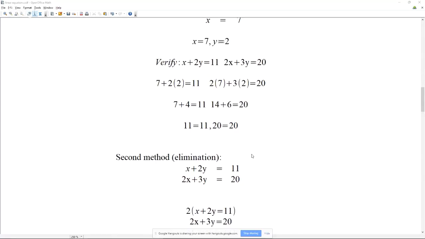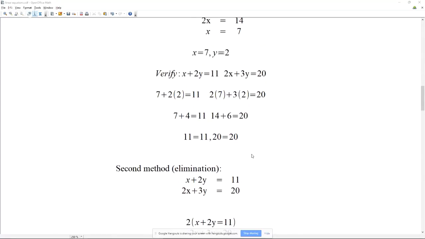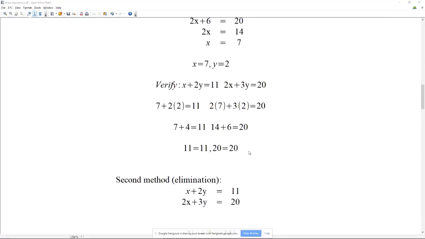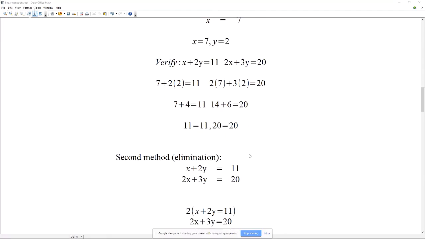So we're going to move into the elimination method of solving. Sorry, elimination. We just did substitution. Elimination is basically the way of adding or subtracting or changing these into a new system in order to simplify them to get a new equation out of it.